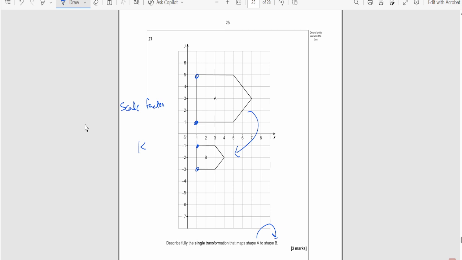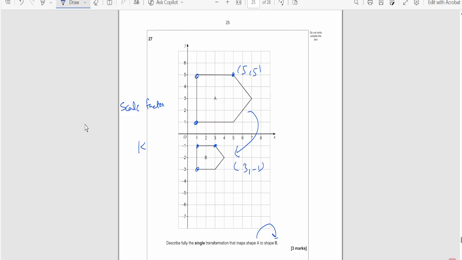Basically, if you see the top right vertex of A, this one, this is 5 comma 5, right? X is 5, y is 5. And the right vertex of B, this one, x is 3 and y is negative 1, right? 3 comma negative 1.